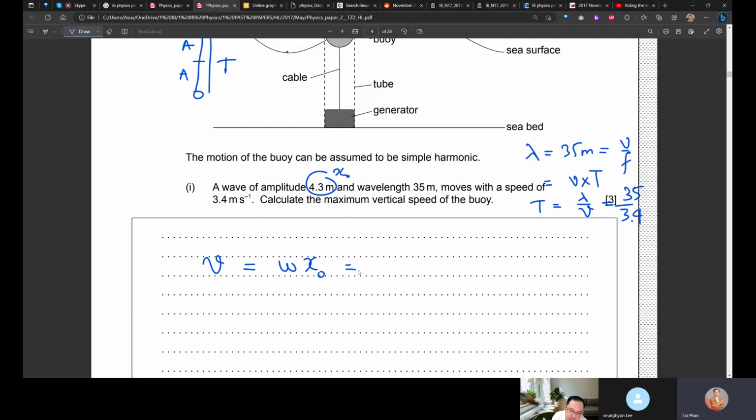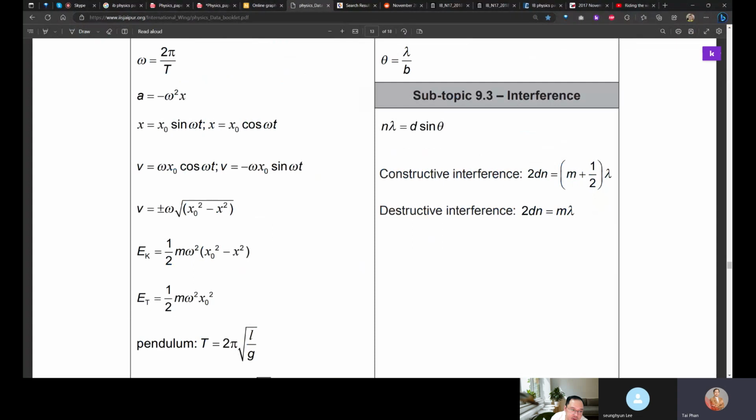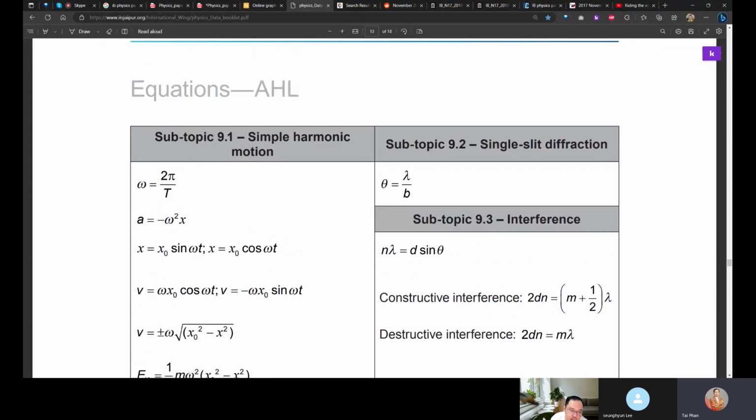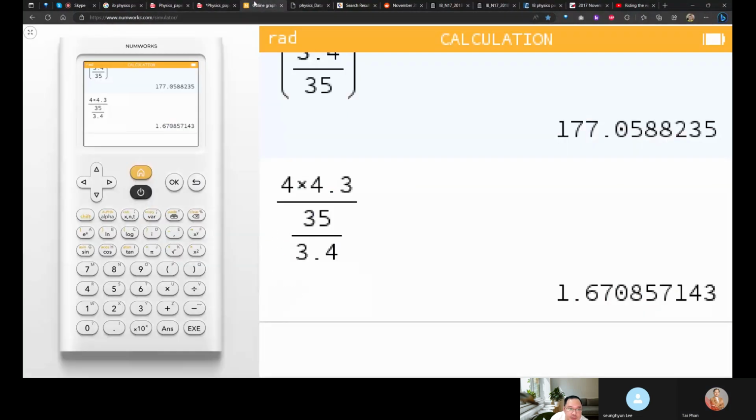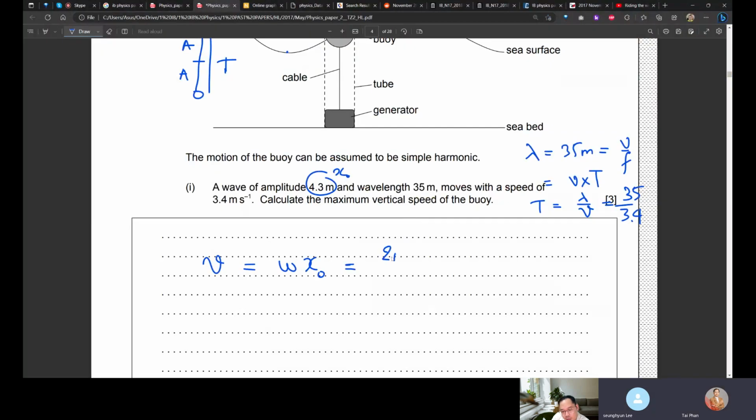Omega is determined by the first formula here in topic 9.1, 2 pi over T. And T, again, you write another formula for T. It is the wavelength over the speed. So, times x0 to get the v.